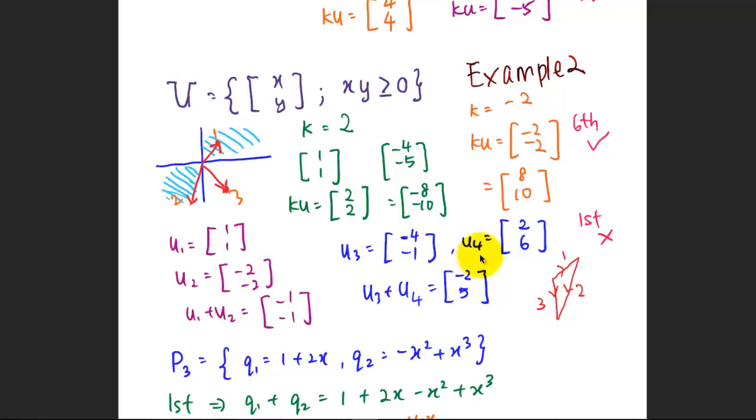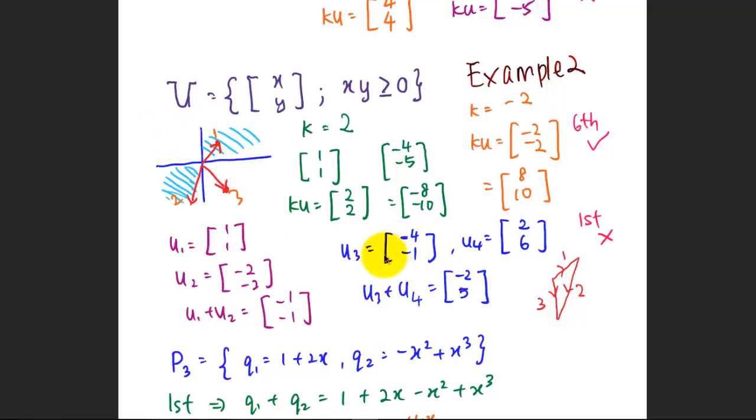Let's try with another set of vectors here. Let's imagine that u3, taken from the third quadrant, is -4 and -1, and u4, the member from the first quadrant, is 2 and 6. When I sum them together, it seems like I obtain a vector which is outside of this region, where I get -2 and 5. So it should be in the second quadrant.